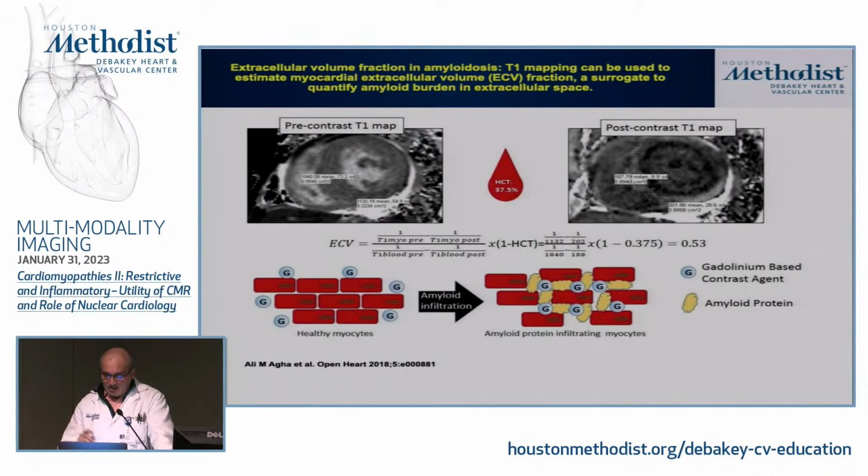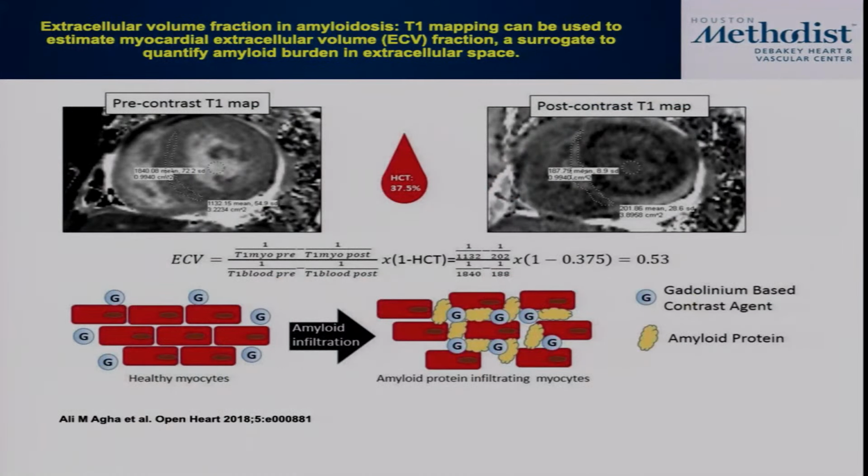Now, one of the questions somebody may ask is, last week we talked about scar, and now we're talking about sarcoid and amyloid, all showing abnormalities in the myocardium with late gadolinium enhancement.